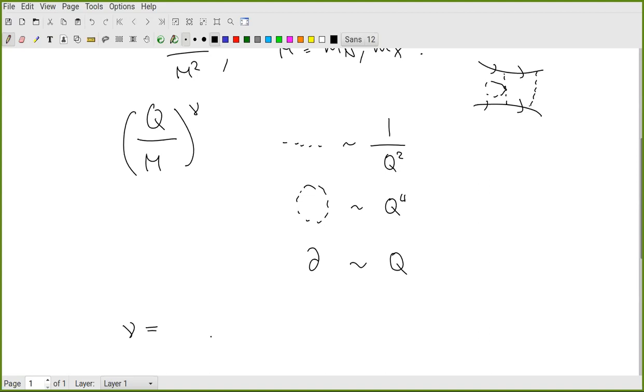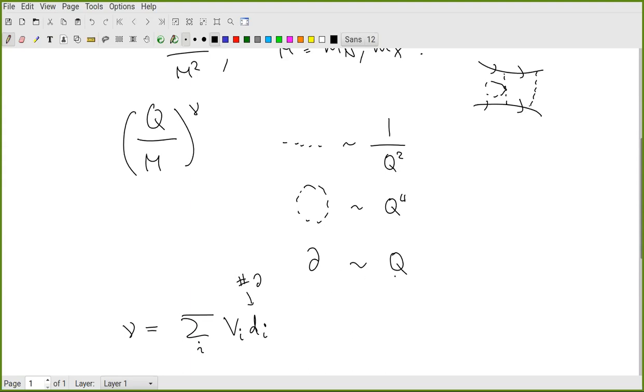So this power nu is given by, okay, you have to look at all the different vertices that you have, sum over all the vertices. And each vertex, so vertex type i, comes with a certain number of derivatives, so that's the number of derivatives, d_i.